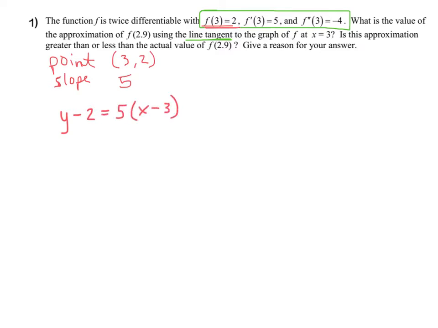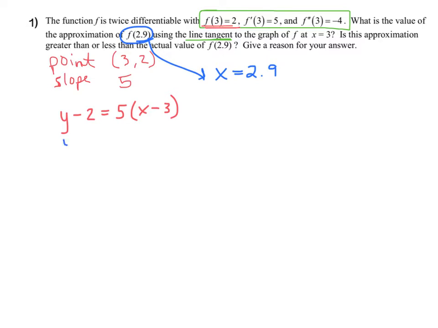Now that I have that tangent line, I can go ahead and plug in 2.9 for x. So f of 2.9, that's telling you that x is 2.9, and we are plugging that into the equation of our line tangent to the graph at x equals 3 and seeing what the value is.